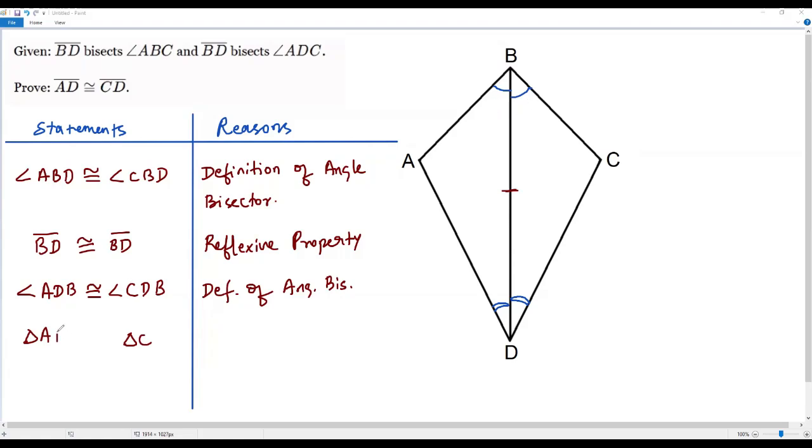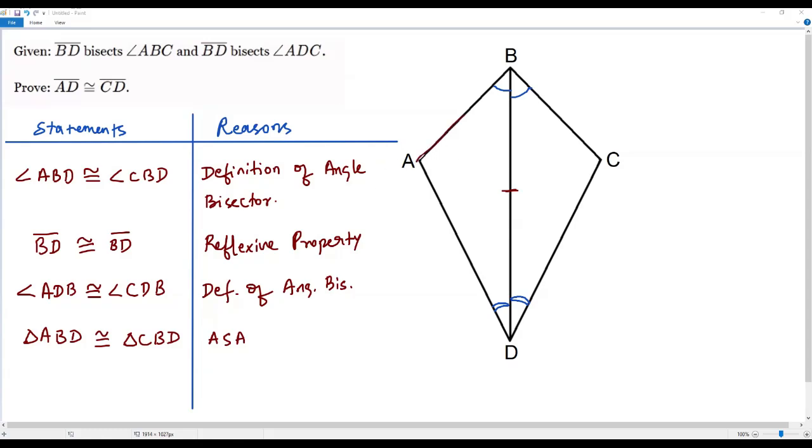And the third vertex of the first triangle is D. The same vertex D we have for the second triangle as well. So these two triangles are congruent by the angle side angle triangle congruence postulate.